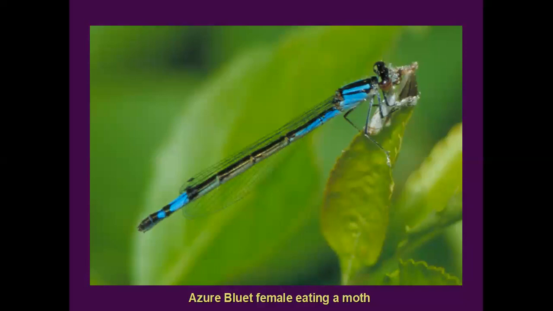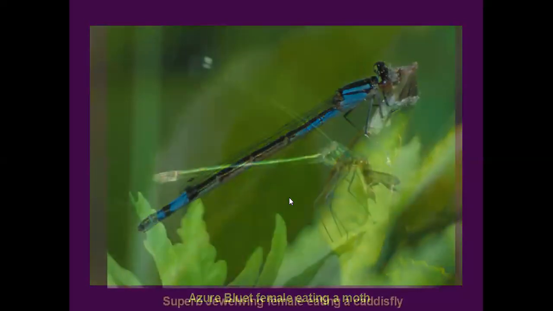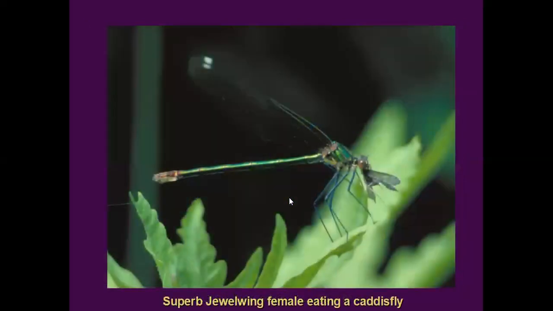They certainly won't go after people to bite them, but they can pinch you. If you catch one in a net and you're not careful when you're trying to get it out of the net, I have been pinched a few times before, but thankfully not by the big powerful ones. I've been more careful with that. And this is our largest species of damselfly, and here this one is eating a big caddisfly.